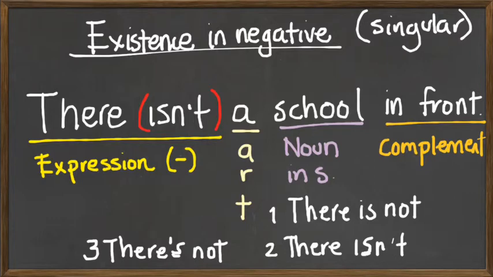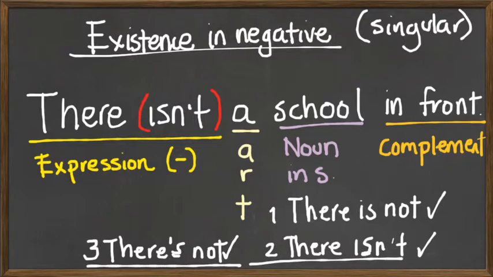So option 1 is not very common, but it is correct. This is very common, and this is also very common. So if you speak English, there isn't and there's not are the 2 options that you have.